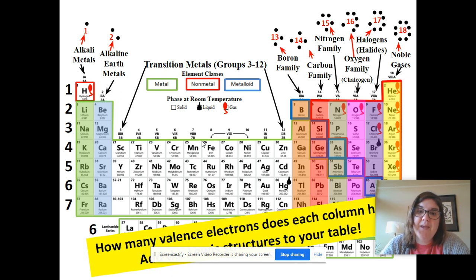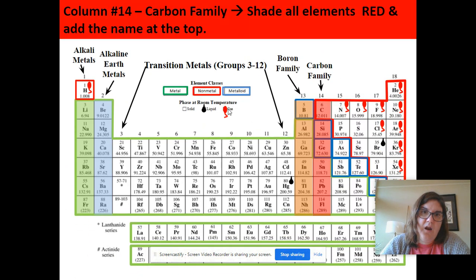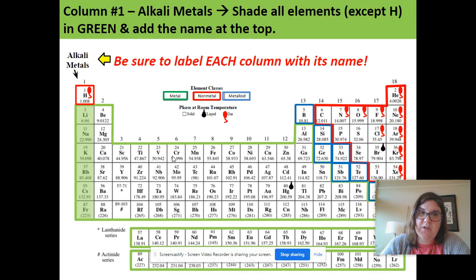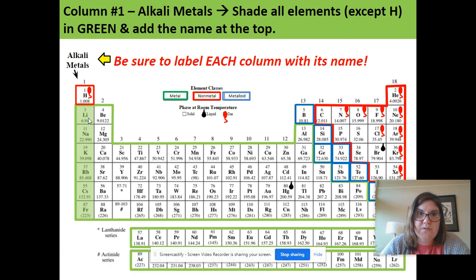Oh, because of our groups and families, I'm just going to come back to this one. In our vertical columns here, the elements have the same number of valence electrons. This is going to go back to reactivity, and it's also going to go back to similar chemical properties.